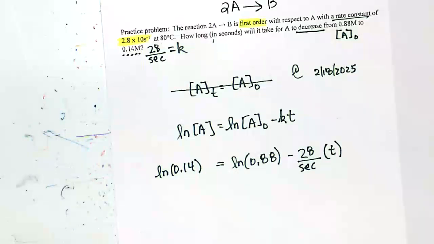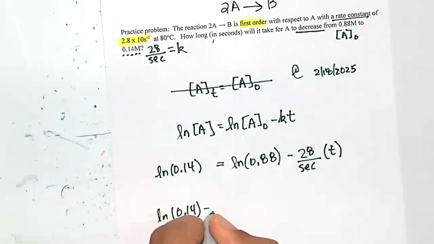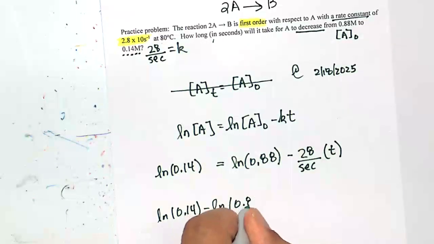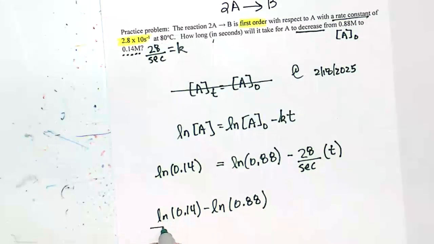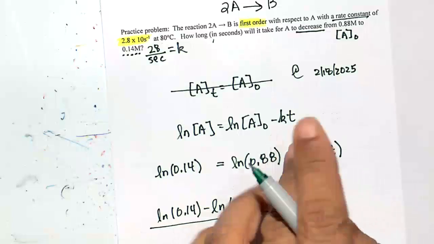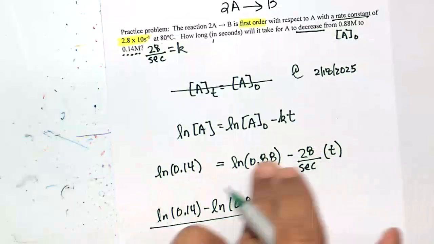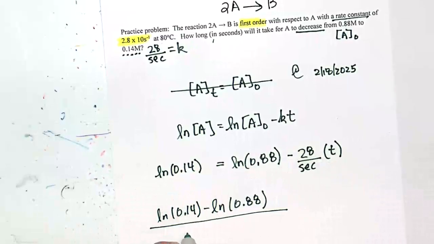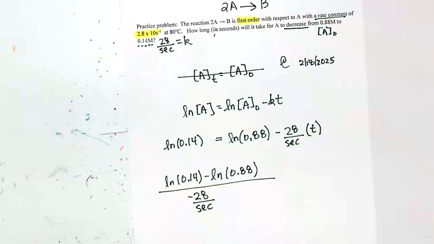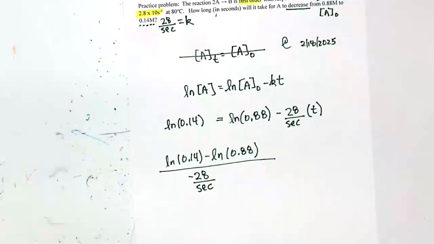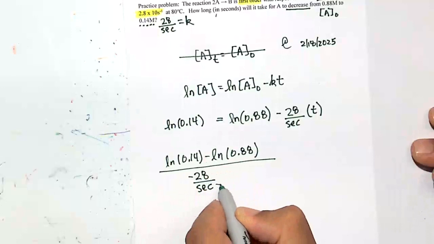All right, so I will isolate t here. I'm going to divide by minus the 0.28 over seconds. Denominator over denominator puts it into the numerator.